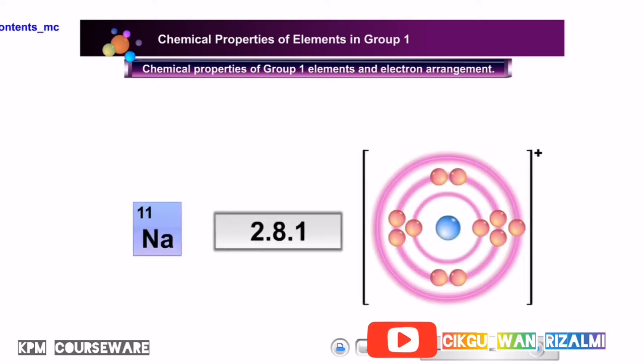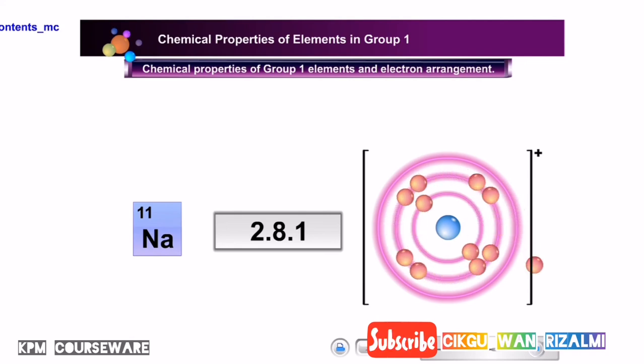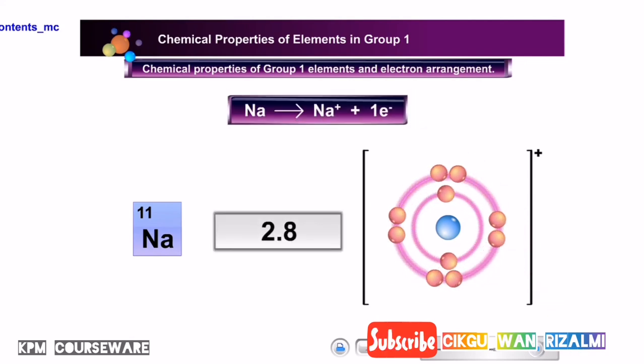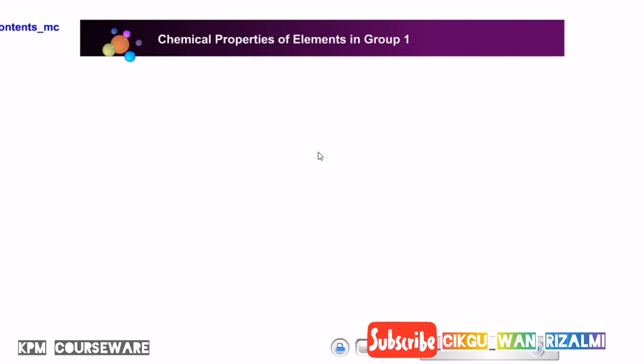Same thing goes with sodium. Sodium, with a proton number of 11, will also have one electron in its outer shell. During a chemical reaction, sodium donates this electron to attain noble gas stability. A cation, a positive ion with a charge of +1, is formed.